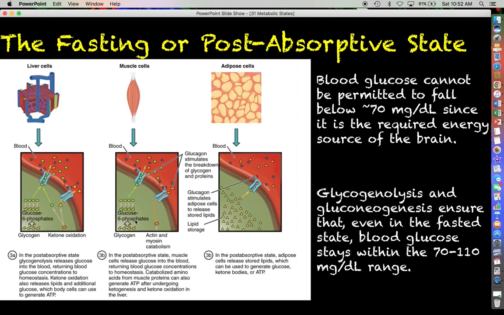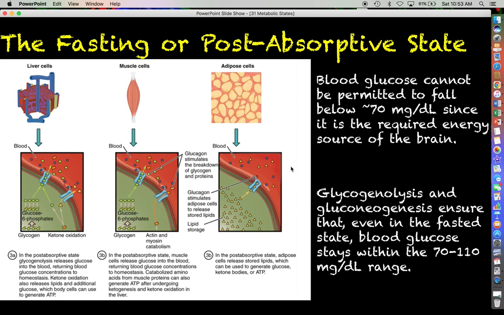More often than not, it's going to be directly utilized by the skeletal muscle itself. If absolutely necessary, so this would be less of a fasted state and more of a starvation state, we can break down some of the protein in muscle and export those amino acids out if we absolutely have to, but we would rather not do that.